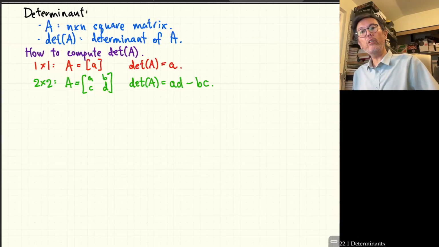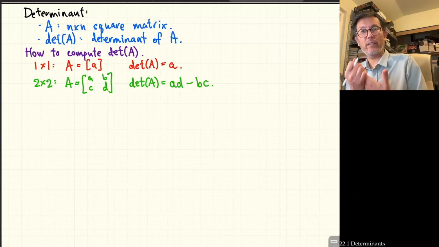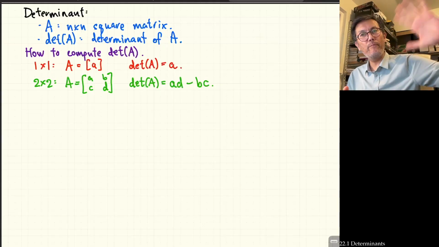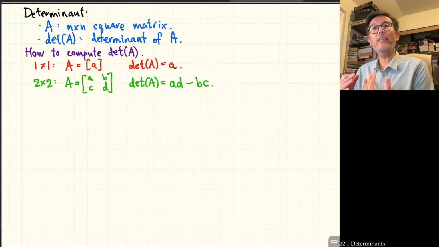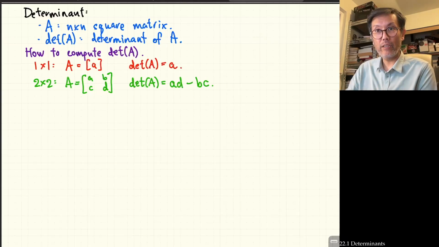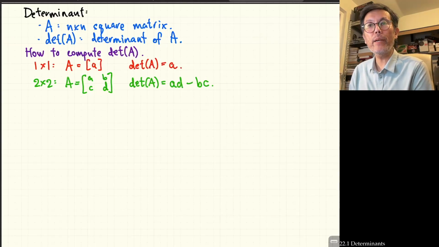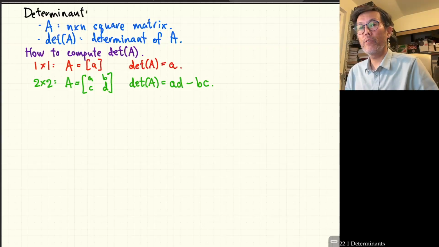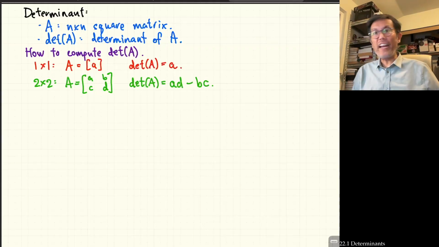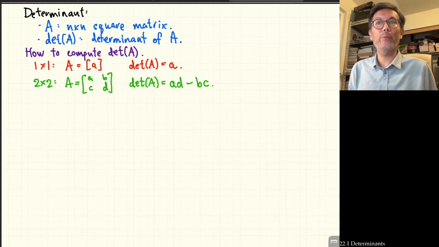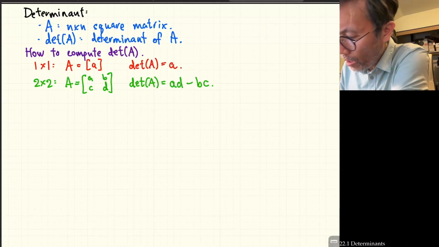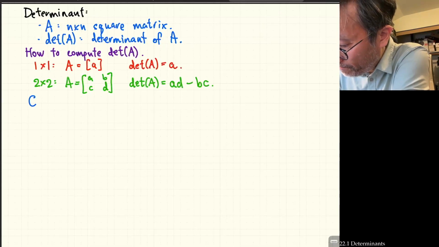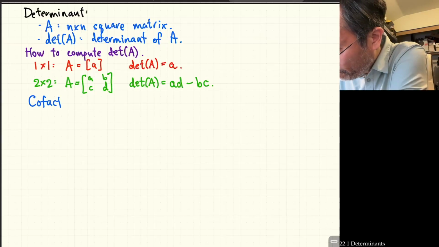So we would sure like a way of organizing this discussion in such a way that if we just remember a kind of method, not only is this method going to help us to compute the determinant of a 3 by 3 matrix, it will help us determine the determinant for an n by n matrix in principle. Okay. So let's talk about something called cofactor expansion.